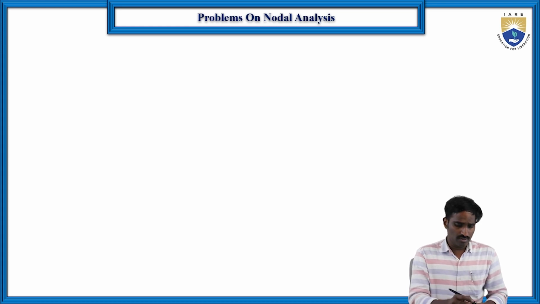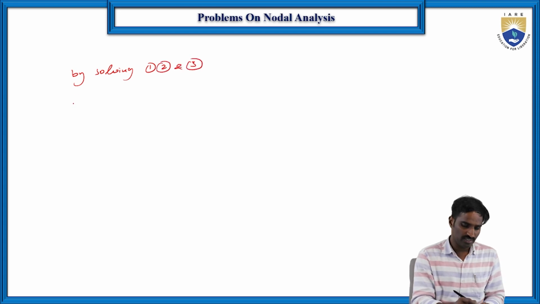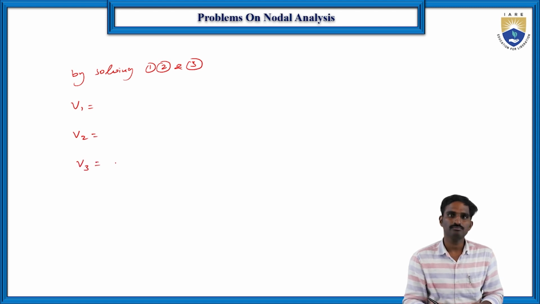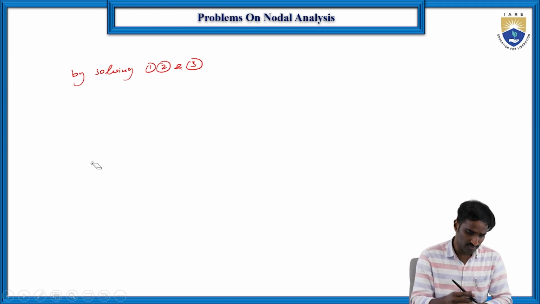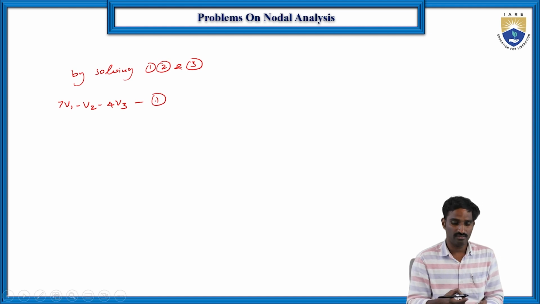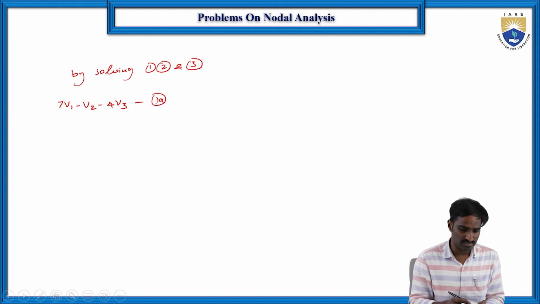Then by solving 1, 2 and 3, we can get the values of V1, V2 and V3. If we have the 3 equations, then we can make it like this. First let me simplify. By simplifying equation number 1, you will get equation 1A: 7V1 minus V2 minus 4V3 equals 16.